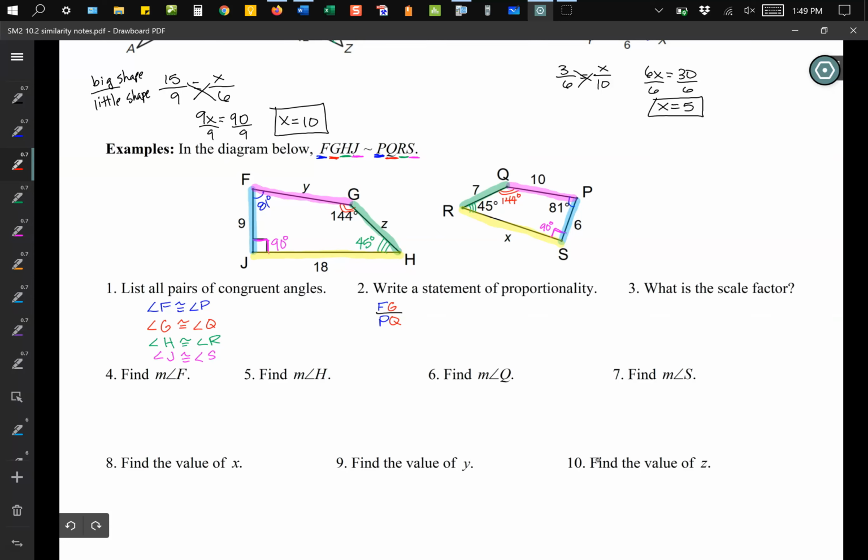Well, that's just pink side over pink side. Equals middle 2 over middle 2. GH over QR. Well, that's just green side over green side.